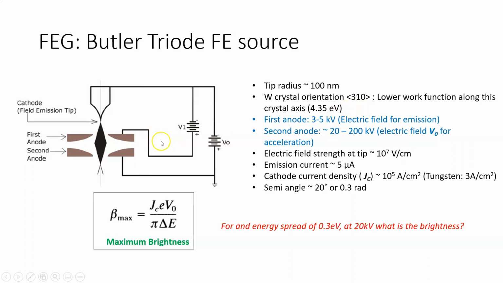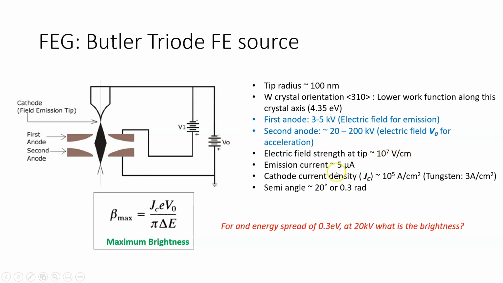The first anode is responsible for the field emission itself. So that's in the order of 3 to 5 kilovolts. And the second anode is the one for acceleration, which is between 20 to 200 kilovolts. Right? So if you apply that kind of a potential to a tip of about 100 nanometers in radius, you end up getting a tremendous field strength in 10 to the 7 volts per centimeter, right?